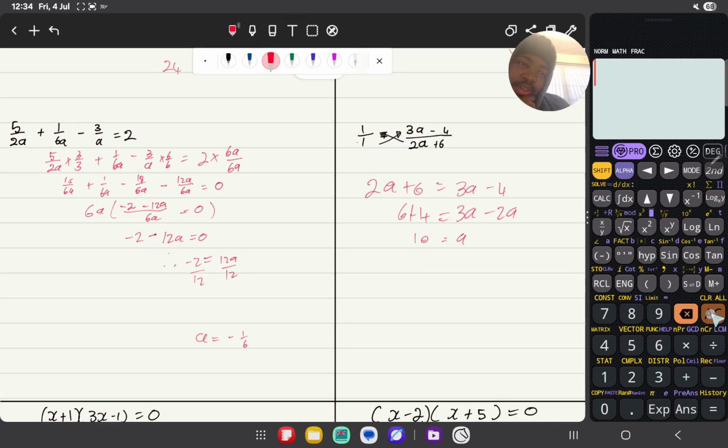To verify the answer, I come here, 5 over 2 into negative 1 over 6, plus 1 over 6 into negative 1 over 6. I forgot the negative.